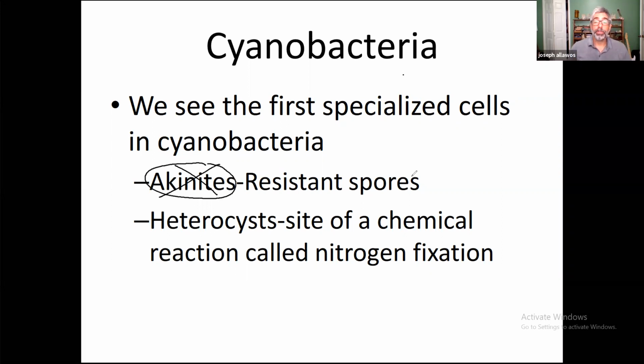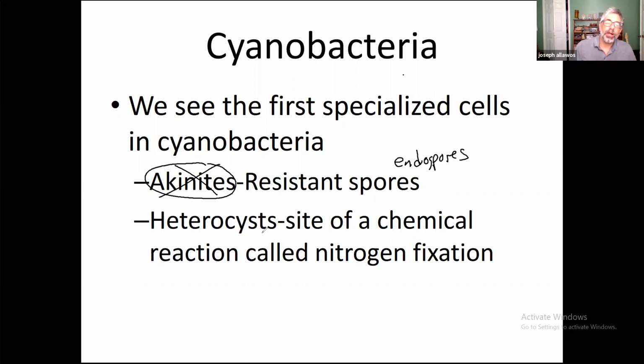Now, a more common word is endospore. And we see endospores in both the heterotrophic and autotrophic bacteria. And what an endospore is, literally, is a resistant stage in the life cycle. We don't know how long these spores can be viable. We know at least millions of years and maybe longer.